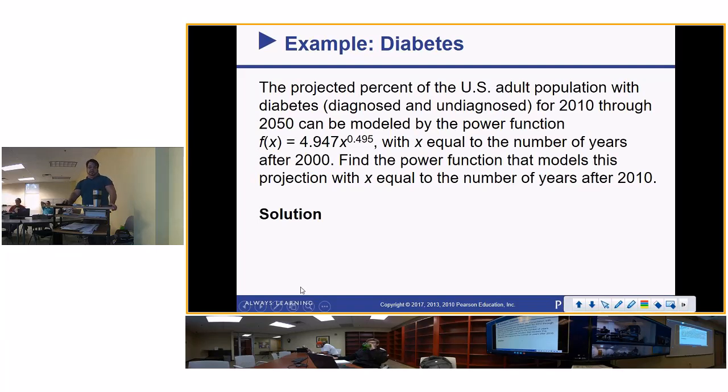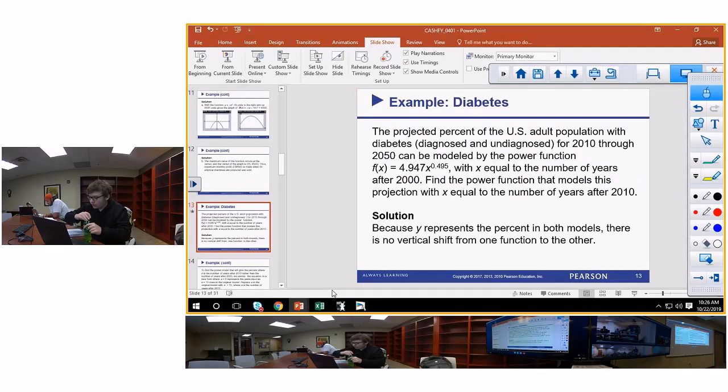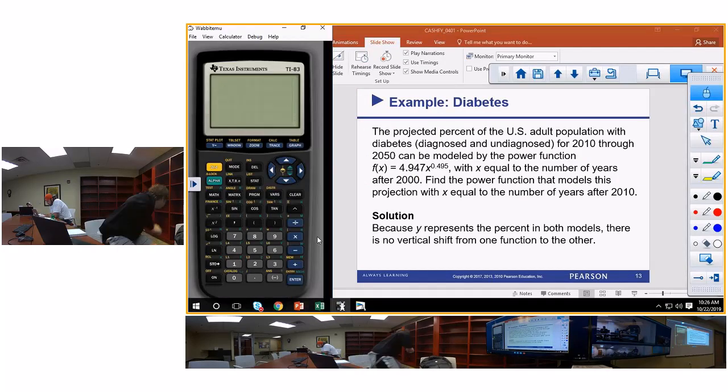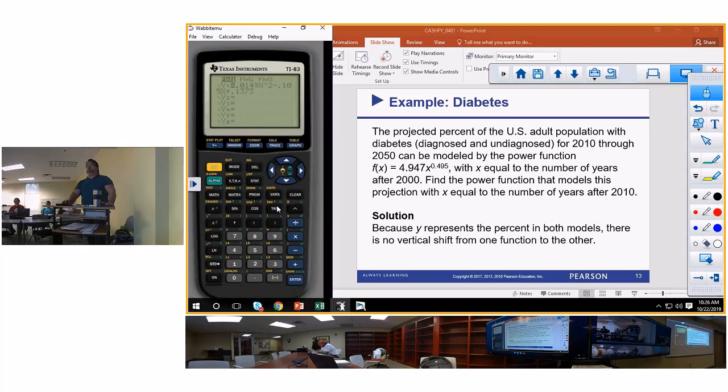Let me find my handy dandy calculator. I'll pull up my handy dandy calculator. And we're going to type in y is equal to 4.947, and then x, and then the caret symbol, and then 0.495.